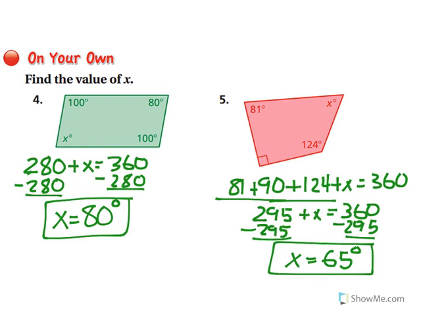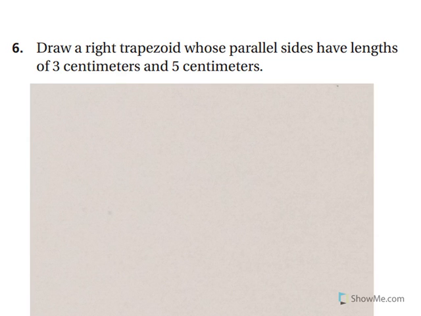All right, let's move on to our very last problem, and we will finish this off. So it said, draw a right trapezoid whose parallel sides have lengths of 3 centimeters and 5 centimeters. So for this, you're going to start off by drawing your straight line. And then what I did was I drew my right angle, and then I went ahead and had another right angle.